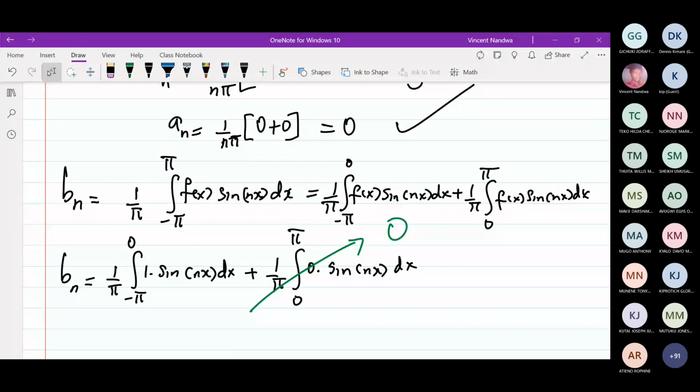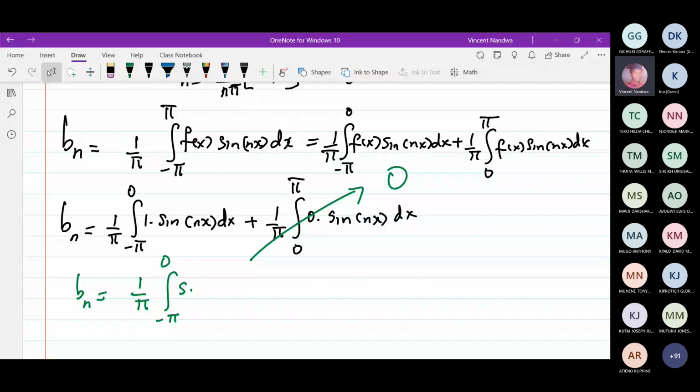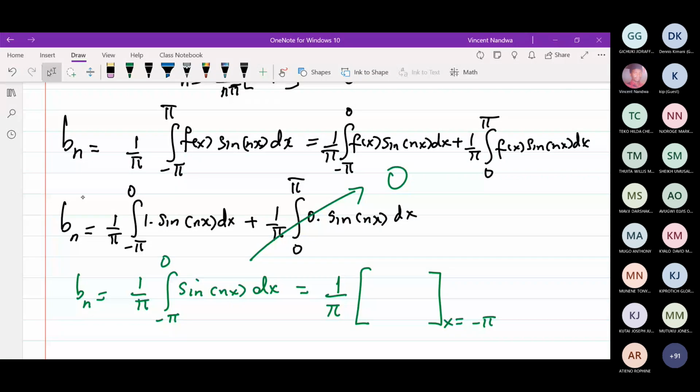Now, Bn will be simply 1 over pi, the integral from minus pi to 0 of sine nx dx. Now, when you integrate the sine function, sine nx produces negative 1 over n cos nx, correct.